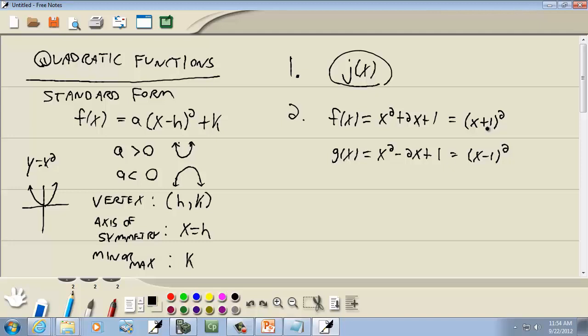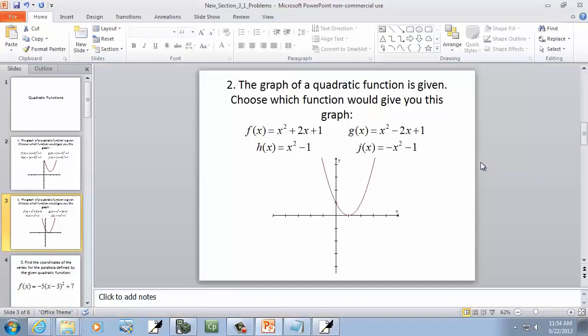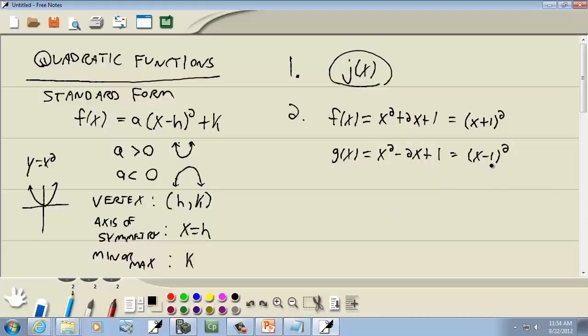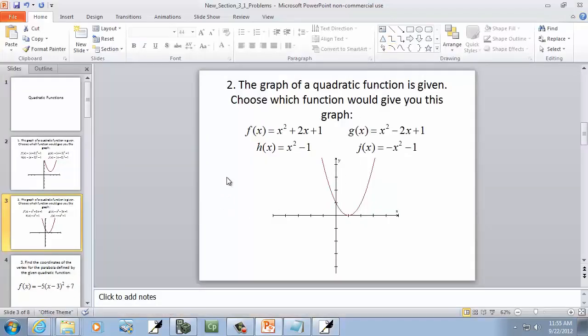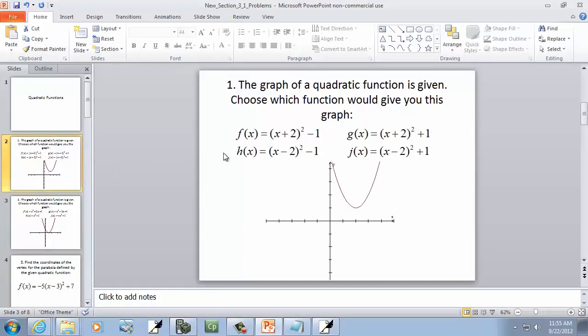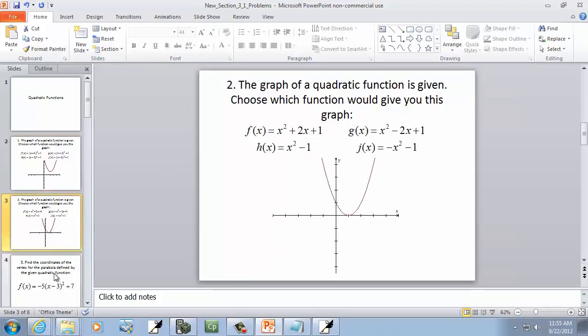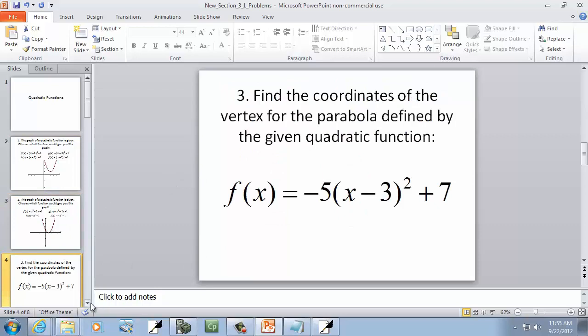So this right here is saying shift left 1. This one's saying shift right 1. Well, this has been shifted right 1 place. So it's going to be g of x, and that's our answer to that one. Now we could have also used some knowledge about the vertex to help us figure this out. But for these first ones, the shifts are just fine.